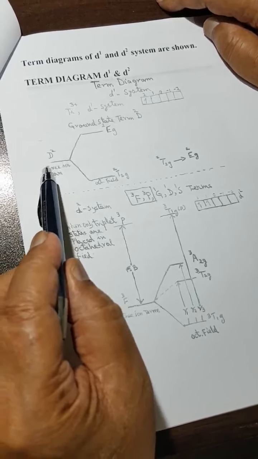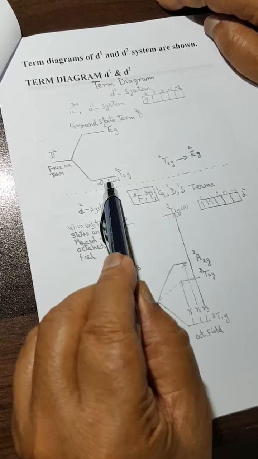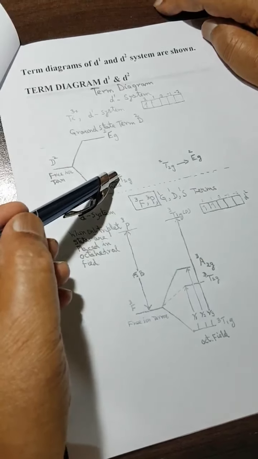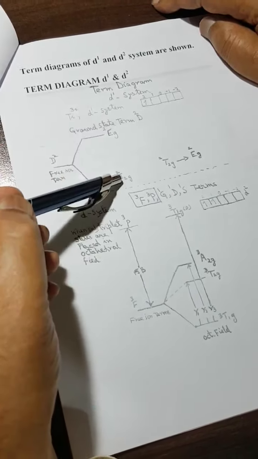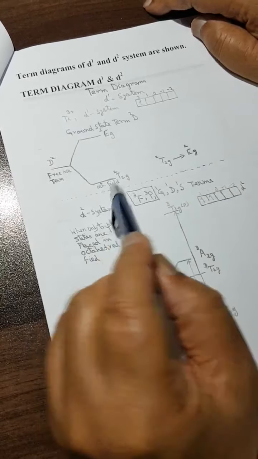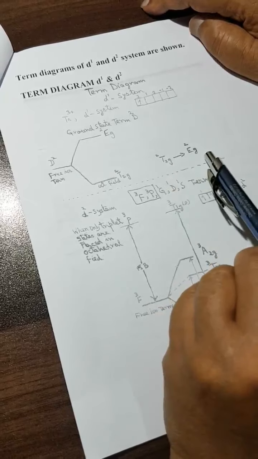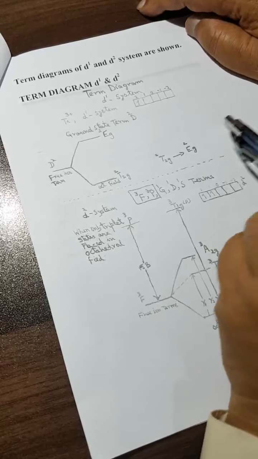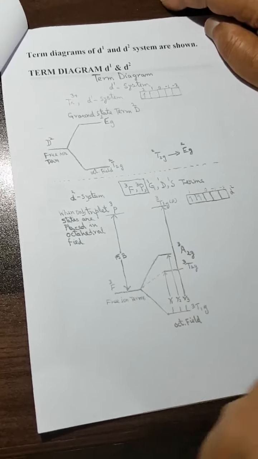When the free ion is put in an octahedral field, it gives this and this. Please note I put 2 here; this is the spin degeneracy because it's one electron, so 1 plus 1 is equal to 2. There will be only this transition, T2G to EG, so there should be only one absorption band.